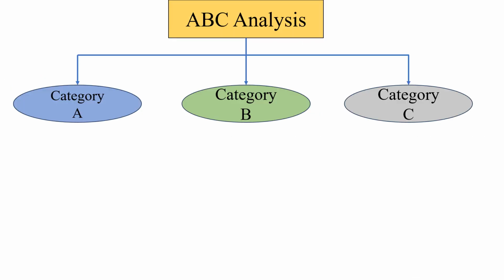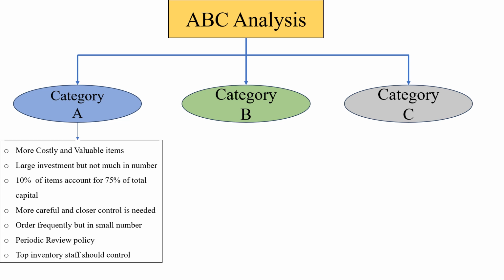So let's see more details about this ABC analysis. First we look at category A. Category A items are the more costly and valuable items. Such items have a large investment but are not many in number.